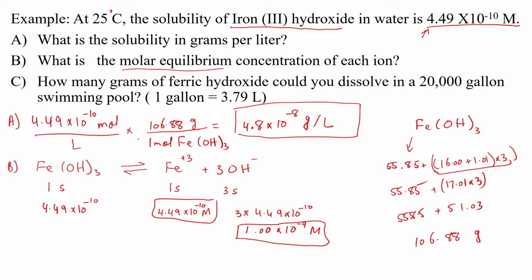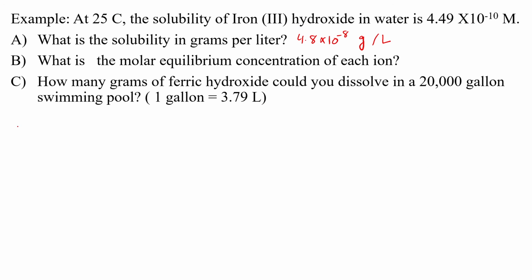Next, we have to find how many grams of ferric hydroxide you could dissolve in a 20,000 gallon swimming pool, and a conversion factor is given. So this is basically reaction stoichiometry with the help of unit conversion. How about you do it on your own and then check your answer. Okay, let's do C. We are going to start with grams of ferric hydroxide.